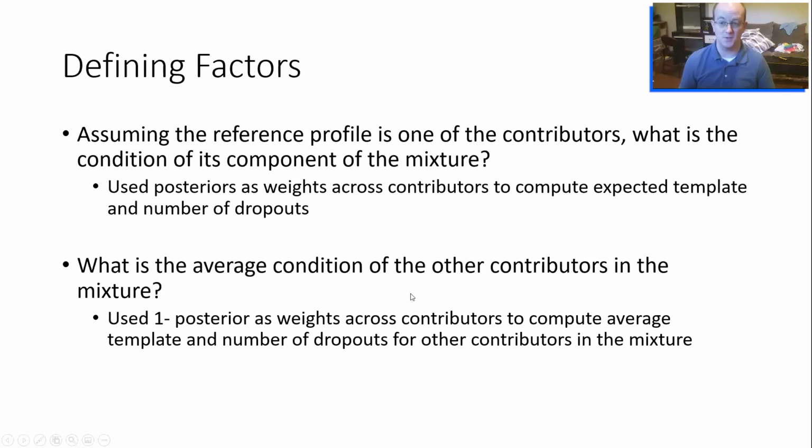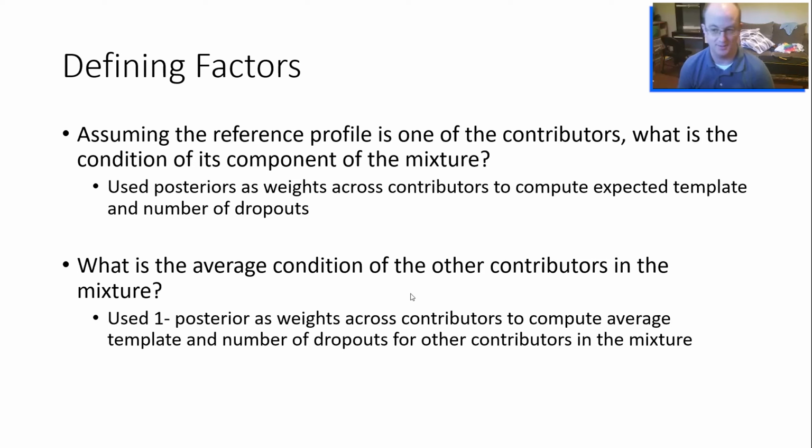So where do we use those? Well, like I was saying, assuming that the reference profile is from one of the contributors, what is the condition of its component of the mixture? If one of the contributors in the mixture was high template, but the contributor most closely corresponding to the reference profile is a very low contributor, we didn't want to describe that sample just as high or low.